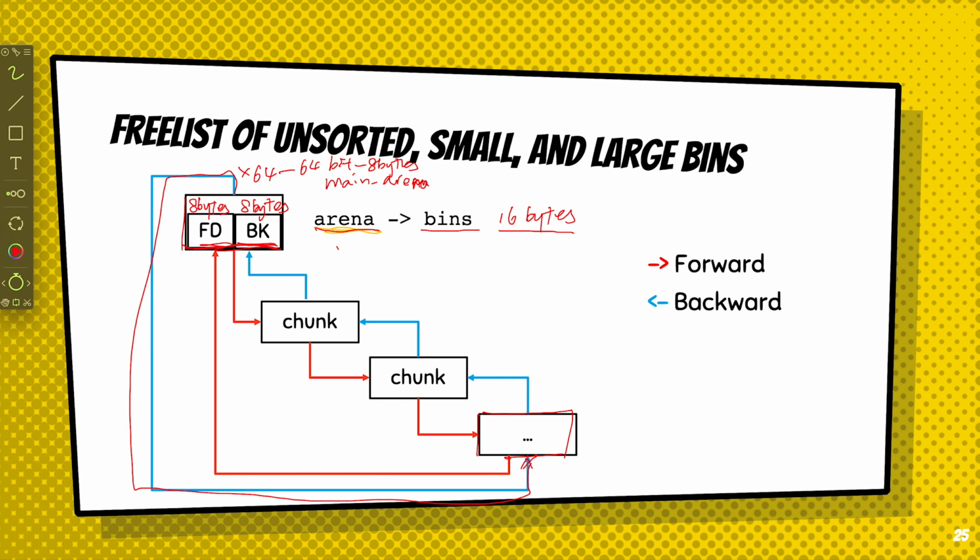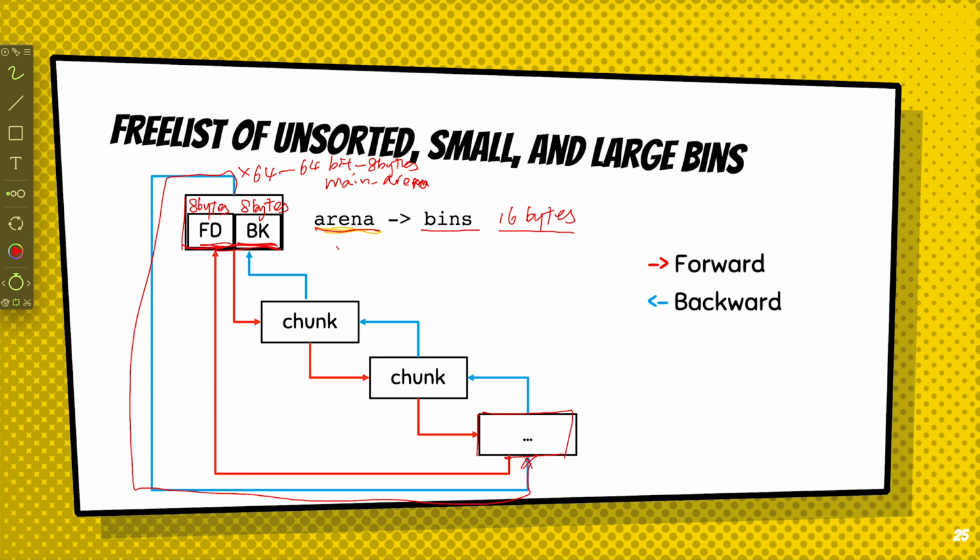And finally, we talk about chunks. And we know that chunks in different bins have slightly different data structures. So it looks similar, but for unsorted bins, small bins, and large bins, there is extra information, and especially large bins have even more extra information.